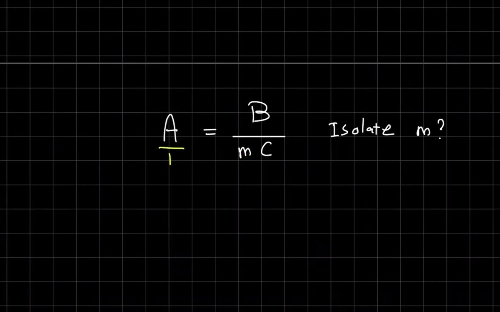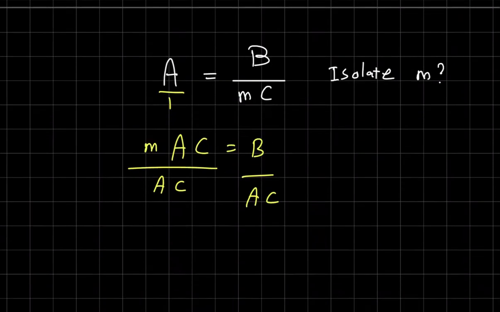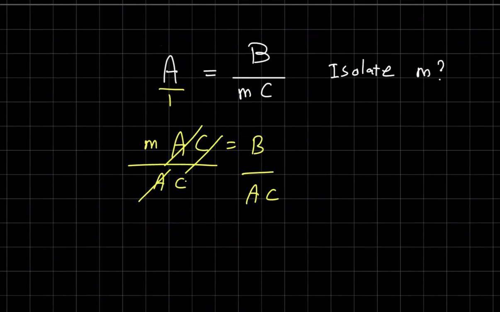So if you just cross multiply this by this, you will get here M A C, and B times 1 is B. To isolate M, we will divide by AC, and here divide by AC, isn't it? So A cancels, C cancels. So M equal B over AC. Very good.